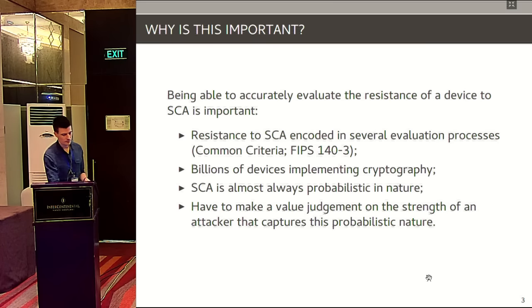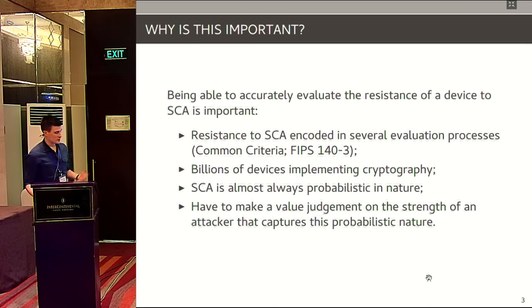But first, just to motivate why this is important. Resistance to these attacks is already encoded in several evaluation processes. If you're manufacturing to a certain level within FIPS 140-3 or Common Criteria 3.1, you have to give evidence that you're resistant to these kinds of attacks.